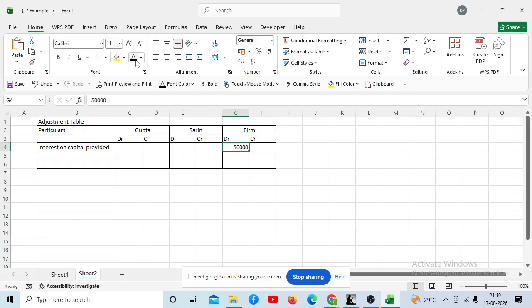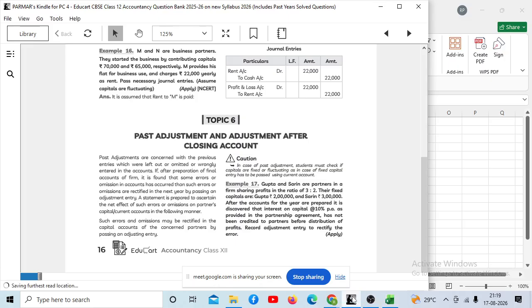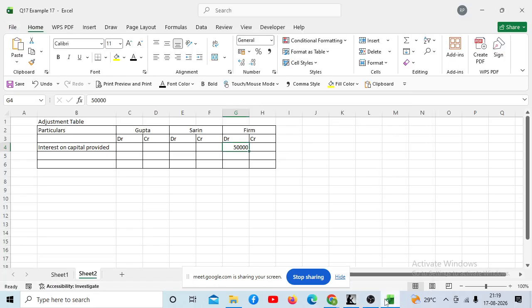Now here it is on the debit side, so for partners, it will be on the credit side, right? So for the first partner, it will be on 2 lakh, 10%, which is 20,000. And here for the second one, it will be 30,000. Done. Clear? Any doubt? Okay.